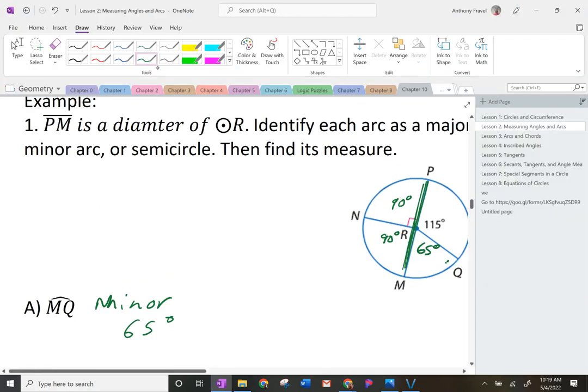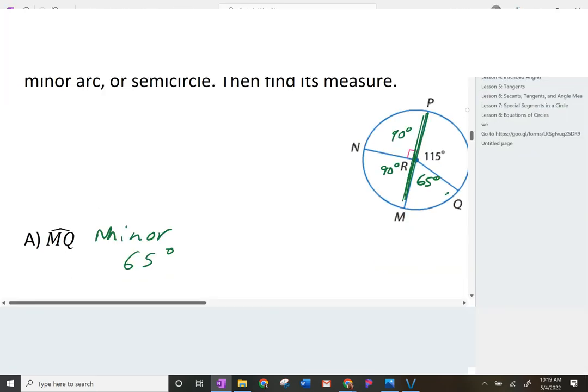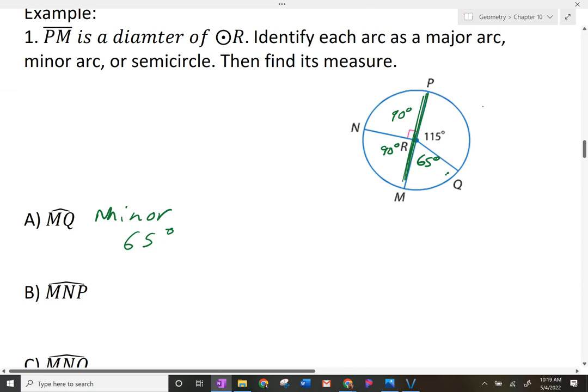I'm going to get my highlighter out for these next couple, just to show what's going on. Letter B. It wants me to find MNP. When it gives me those letters, I start on the outside and I work my way around according to the letters they give me. M to N, N to P. I'm doing that entire part.